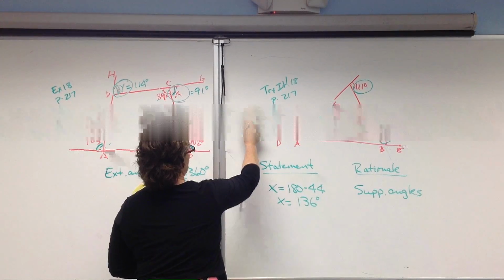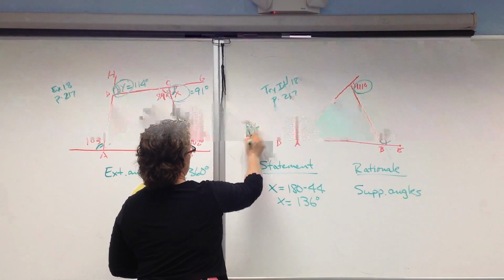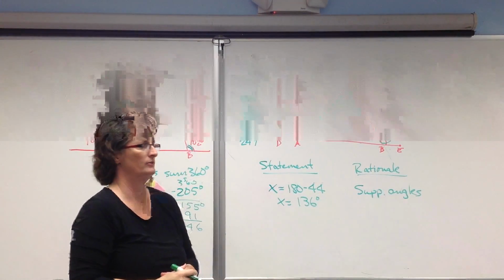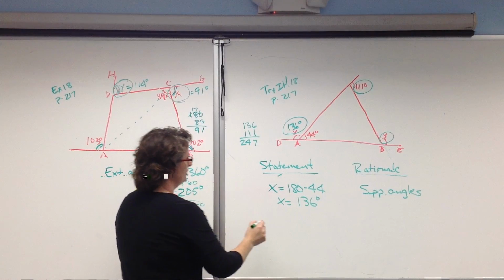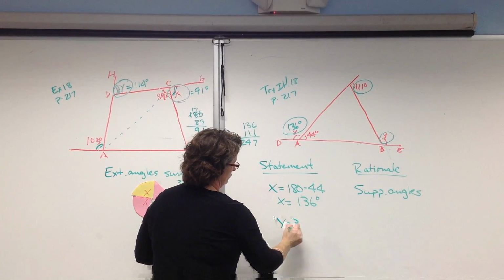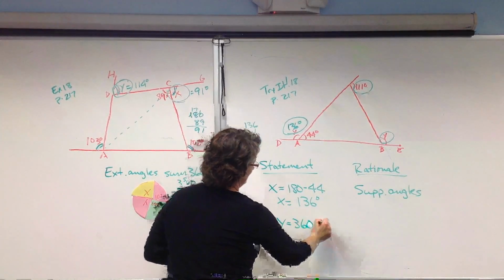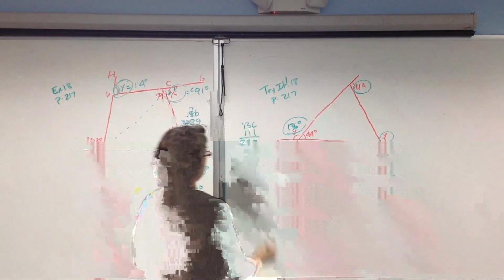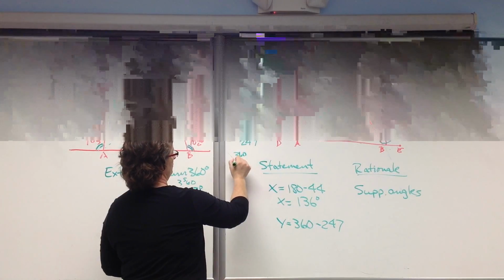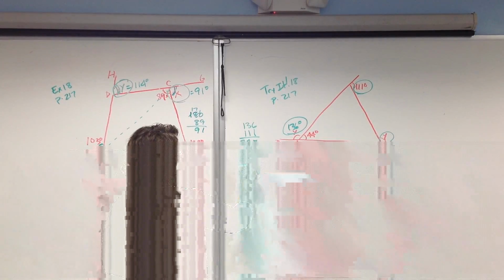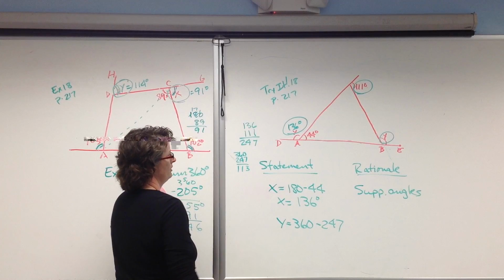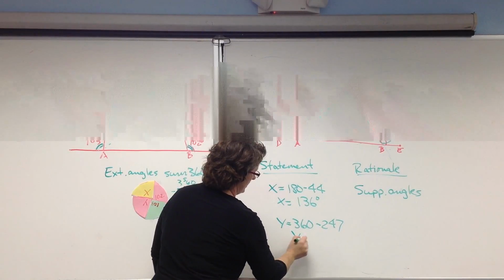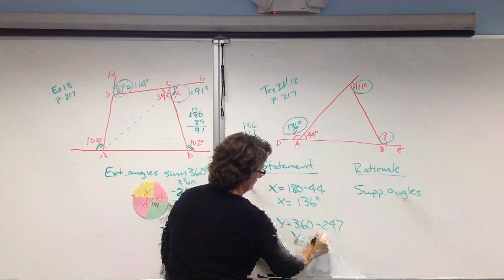We're going to take 136 and add 111 to that. It's 247 degrees. And then I know that y equals 360 minus 247. Okay. So 360 minus 247 is 113. So y equals 113 degrees.